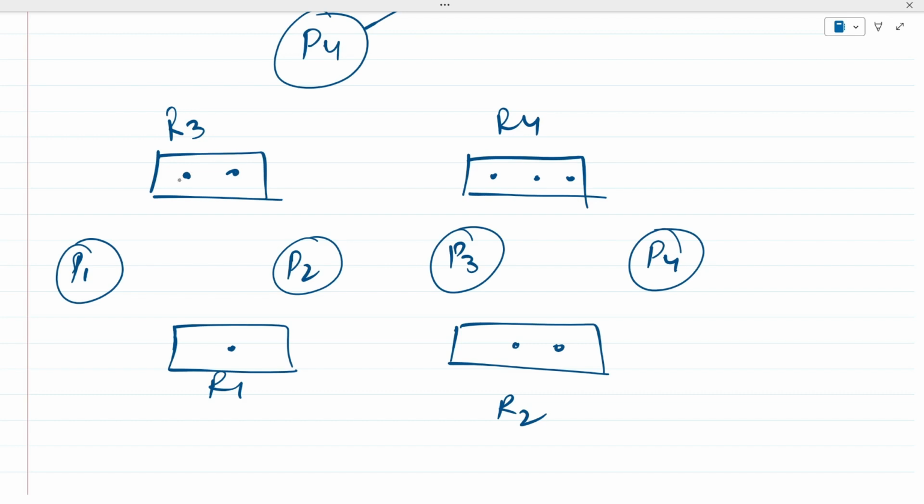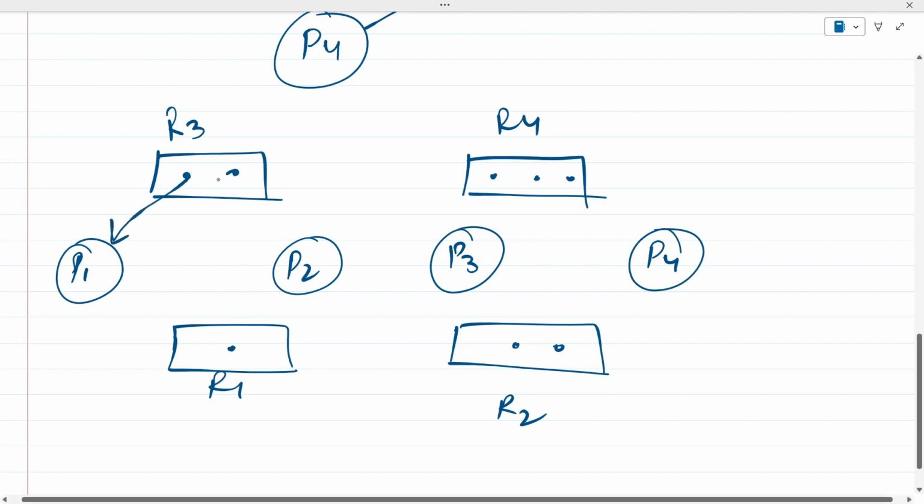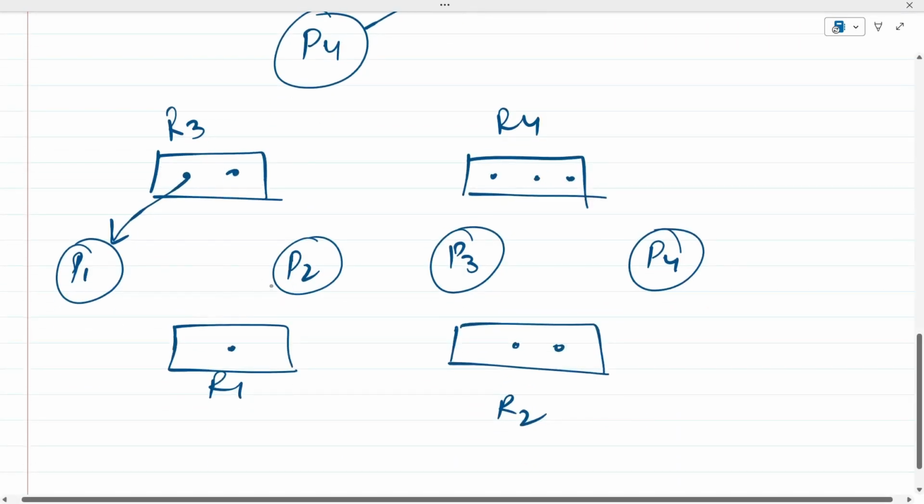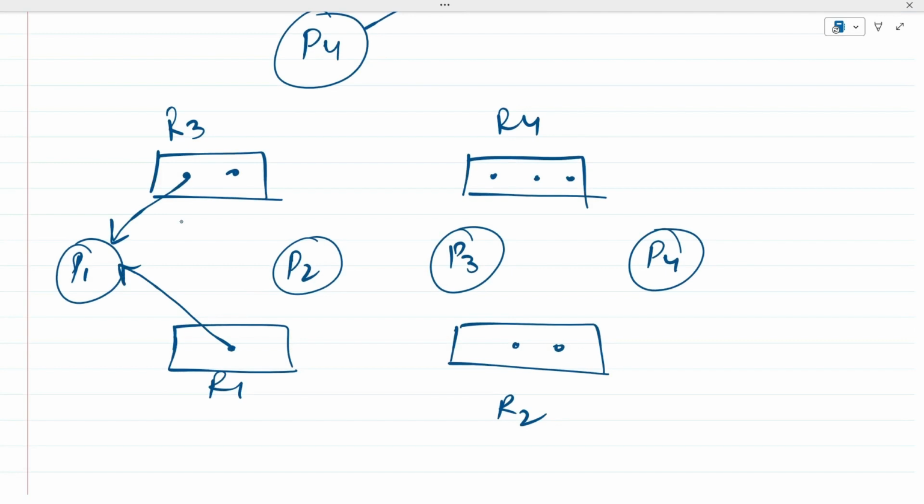So let's say that R3 is assigned to P1, so the edge comes from R3 to P1. Similarly, if R1 is also assigned to P1, as in the above diagram, you can see that R1 and R3 are allocated to P1. In this way, you can represent R3 and R1 allocated to P1.